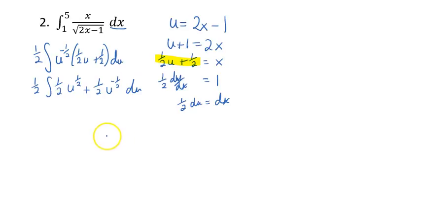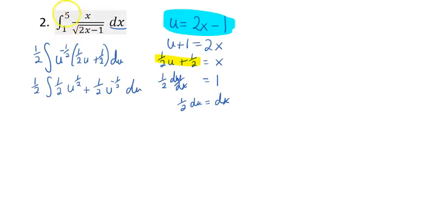And since I prefer keeping everything in terms of u, I want to make sure I have my u limits, which I haven't done yet, but I'm just going to do it the one way this time. I'm going to do it the u way. So let's go back and think about our u limits. I'm still plugging in up here where I know what u is to get those u limits.